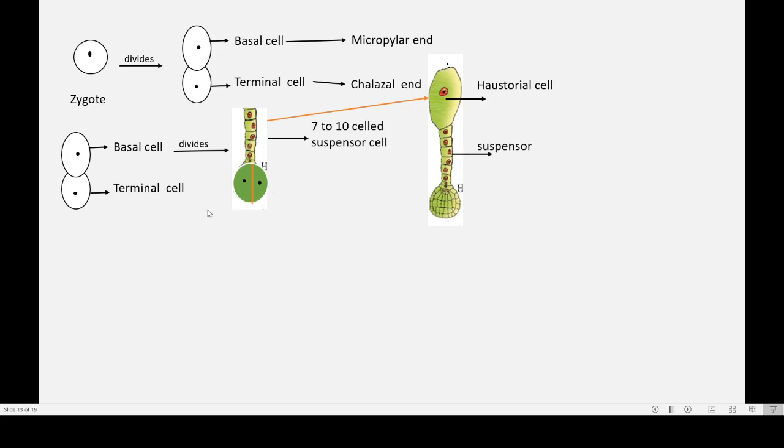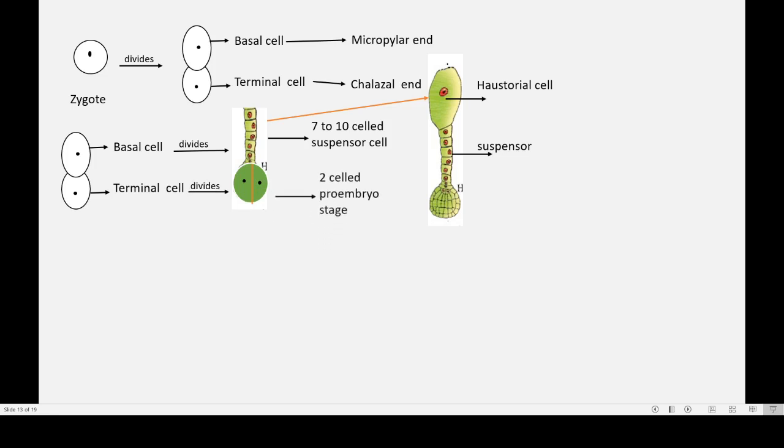Okay. Now let us see the terminal division, or this is also known as embryonal initial cell. This cell is present at the chalazial end and it forms a two cell stage known as pro-embryo stage.